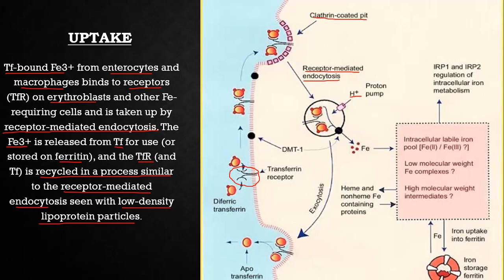And you can see here the transferrin is no longer bound to iron, hence forming apotransferrin. Iron here can go to form heme, and can also be stored in ferritin.